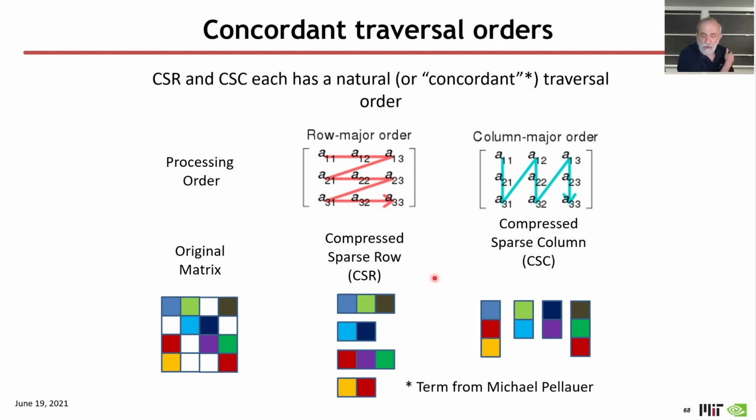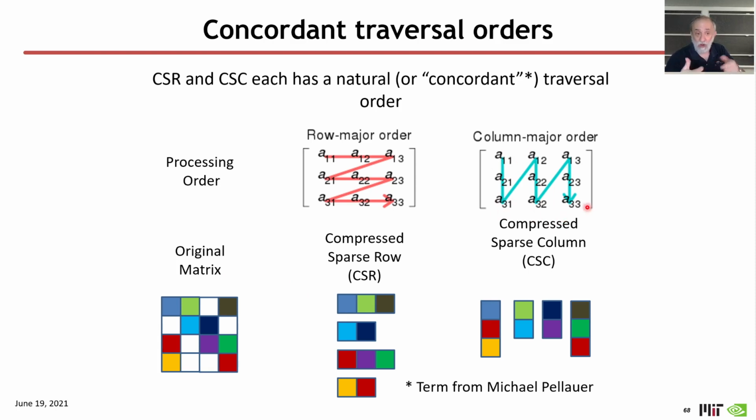What we're going to do is we're going to call that a concordant traversal. It's a term that was coined by my colleague Michael Plauer. And going by row is the concordant traversal for CSR, whereas the concordant traversal for CSC is going by columns.